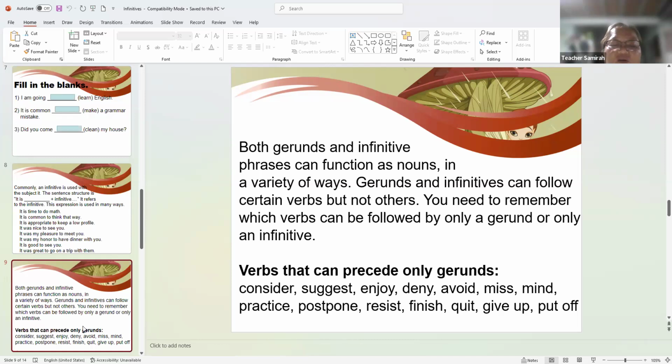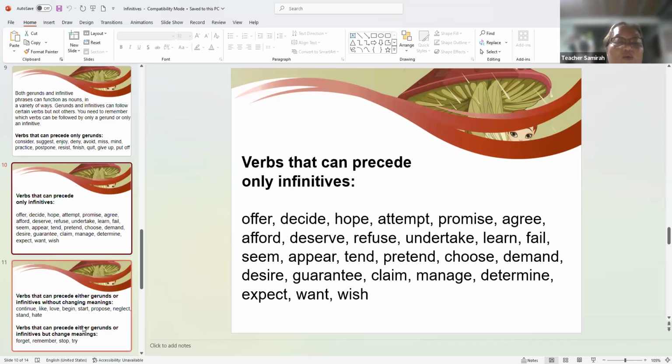So consider, how do we make consider a gerund? Consider doing, something like that. These are the verbs that can precede only gerunds. So we are going to put an -ing.